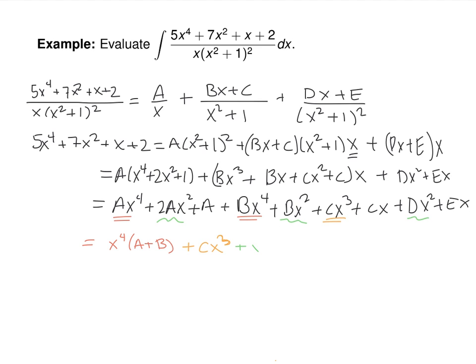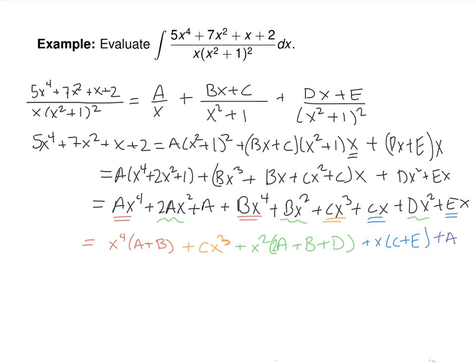So plus x squared times 2A plus B plus D. And then the x's, Cx and Ex, so plus x times C plus E. And then lastly, plus A on the end. That's the only constant. Woo! And there's the rainbow. Great.